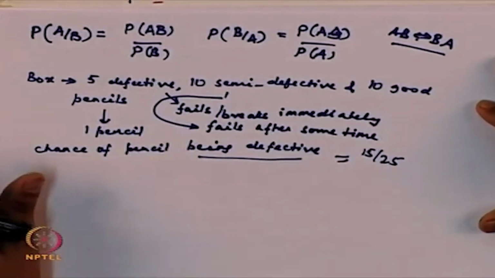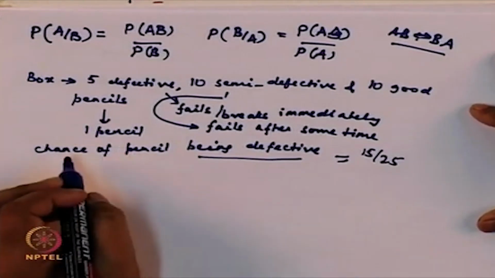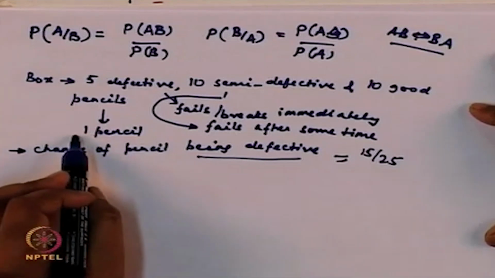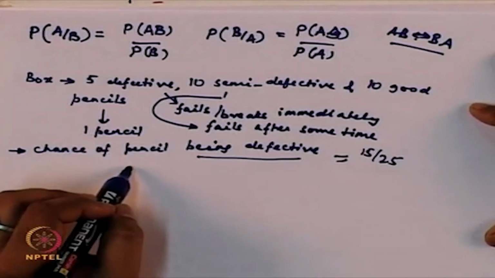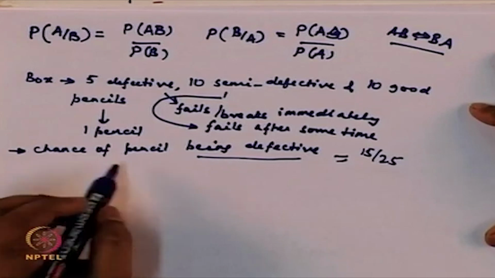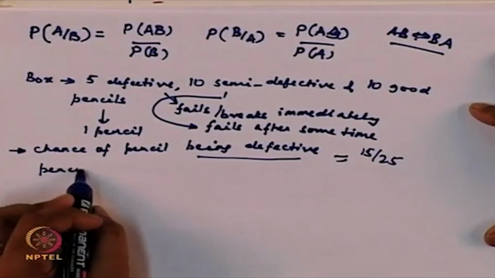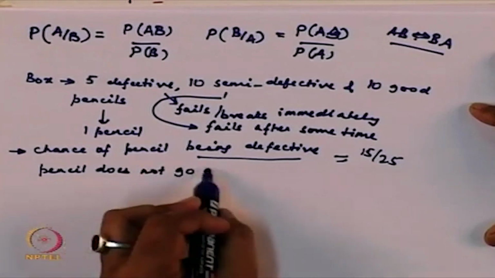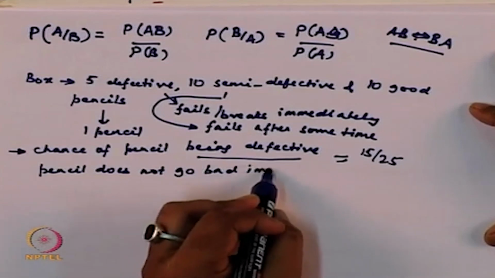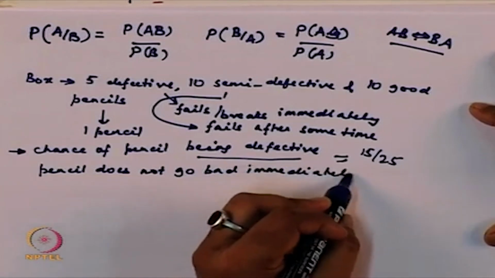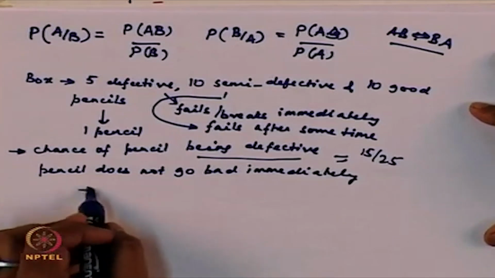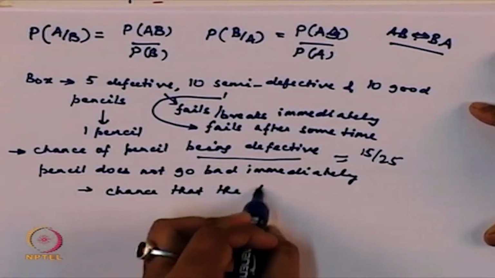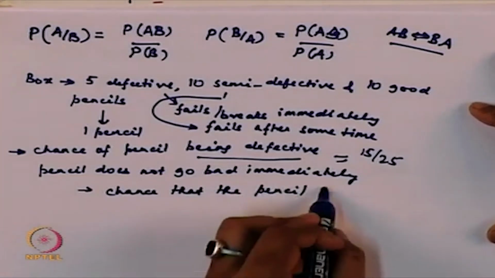Now imagine I want to modify this particular question. I say that I take this pencil and it does not go bad immediately. In this case, what is the chance that the pencil is good?